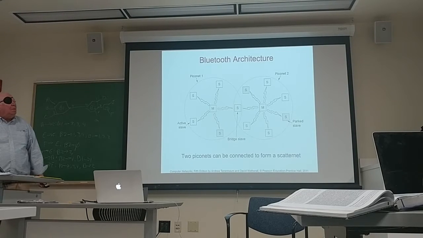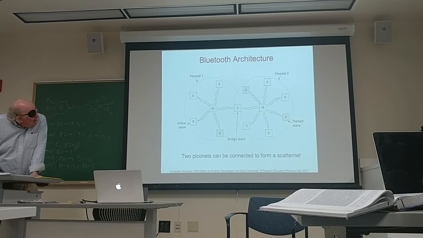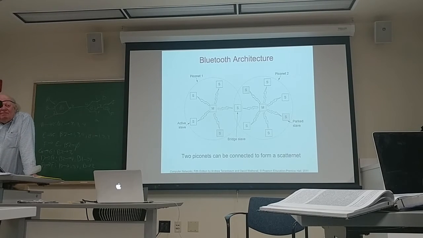Now, this wasn't the worst part of it. Then they said, and then we can hook them together into scatternets. Guys, if this is master-slave, then the devices can only belong to one master. So how are you going to do this scatternet thing where you relay between piconets?